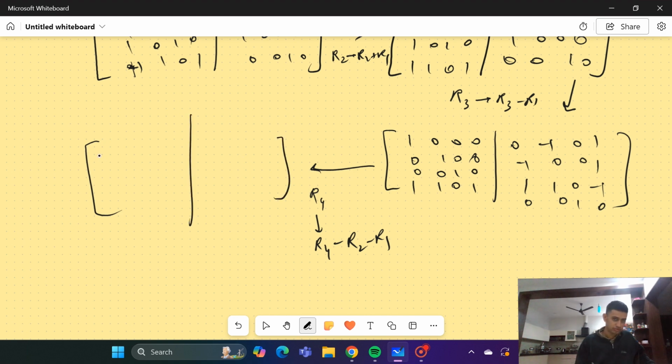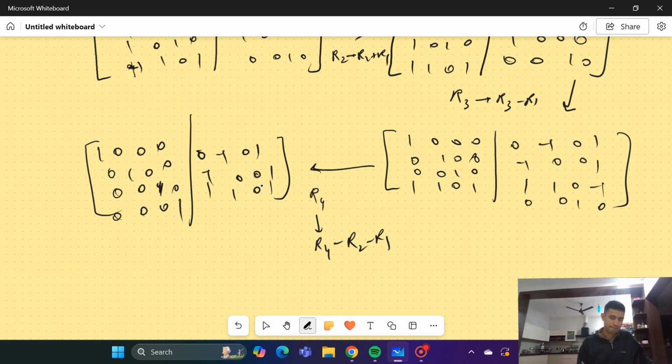get the identity matrix on the left hand side and get this matrix on the right hand side.